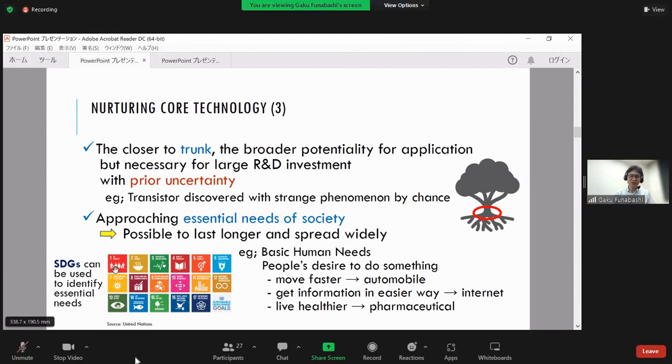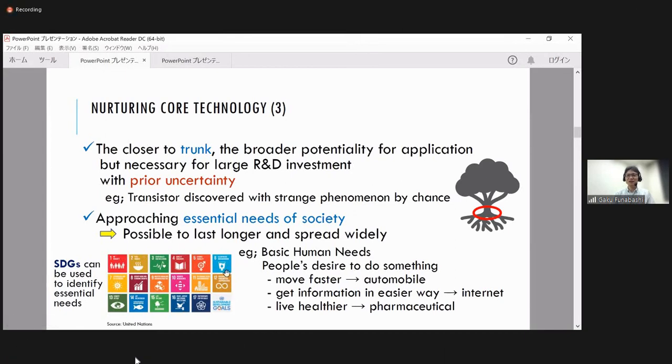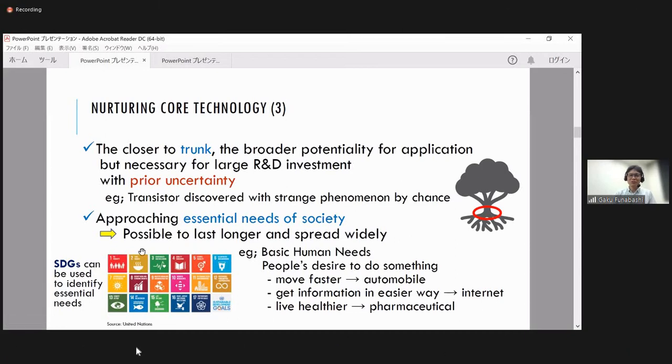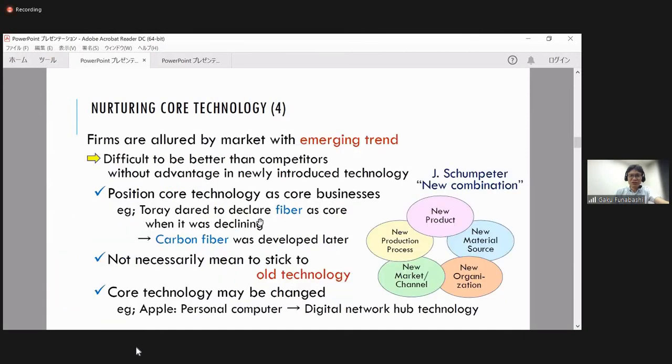One way is to think about the relationship with the SDGs. Then, if there are some issues related to your company, also related to one of these goals, maybe in the future you find more customers, more demand somewhere in the world. Okay, so that is a relationship with the SDGs and technologies.